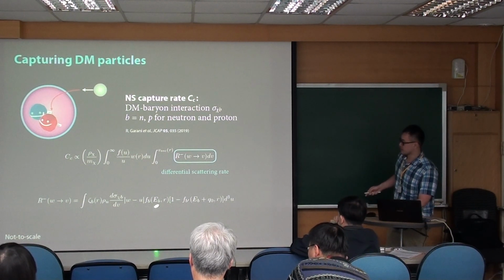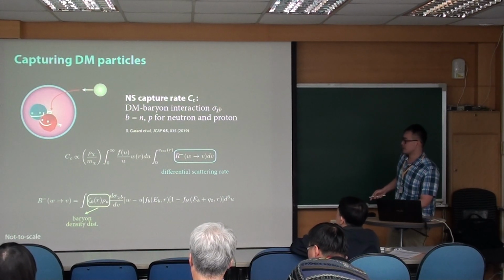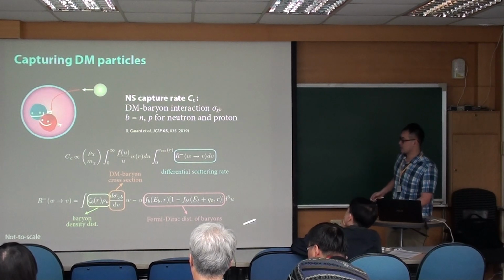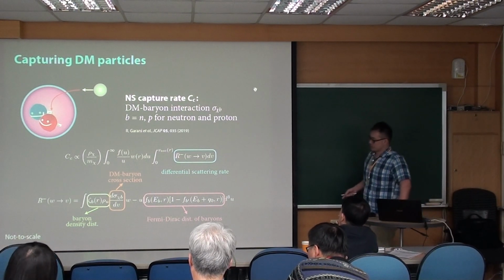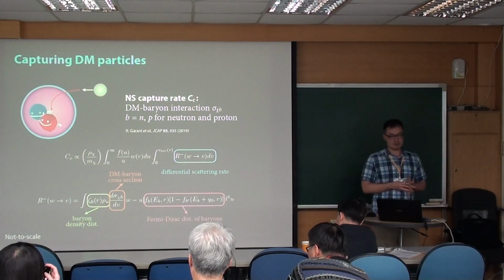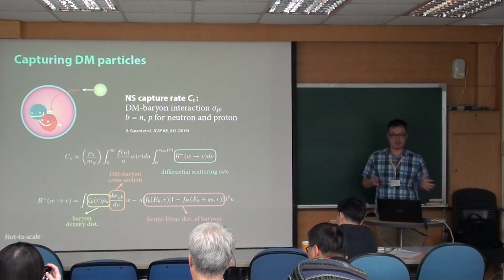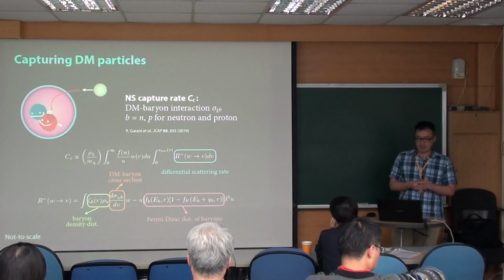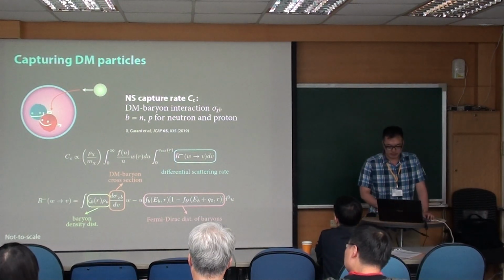So of course, it depends on the baryon density of the neutron star, the dark matter-baryon cross-section, as well as the Fermi-Dirac distribution of the baryons before and after scattering, because most of the baryon particles inside the neutron star are in general in a degenerate state.